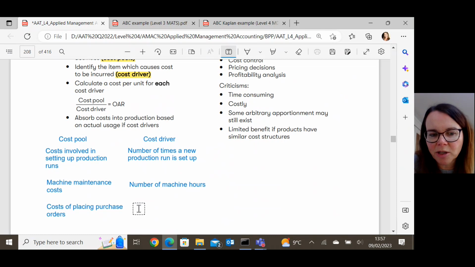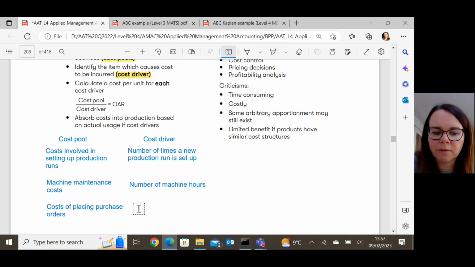There's still going to be time to do that. Maybe having to seek authorization. To a point, you might say there's an element of the phone bill, or an element of the internet charge involved in placing those purchase orders. When the order actually arrives, there's a cost involved of checking that what's arrived is actually what was ordered.